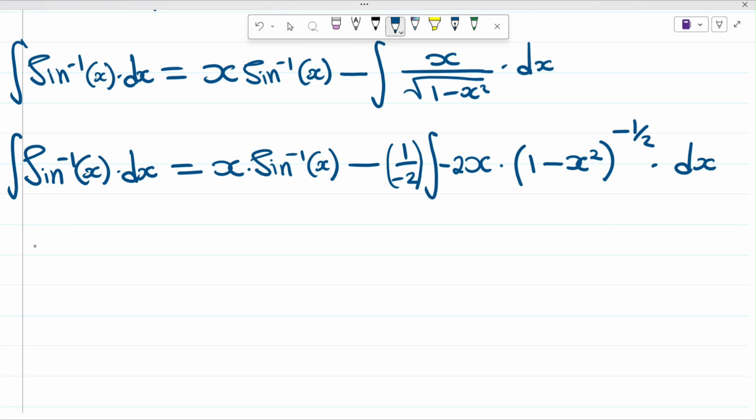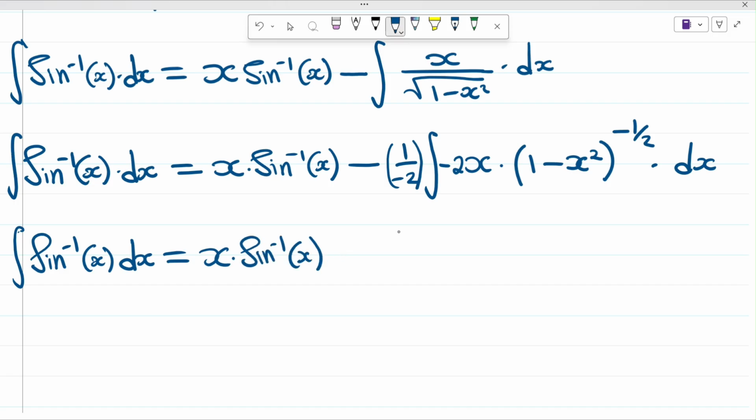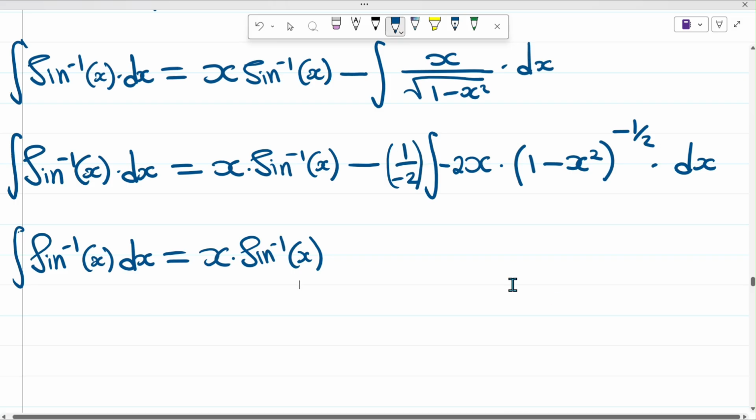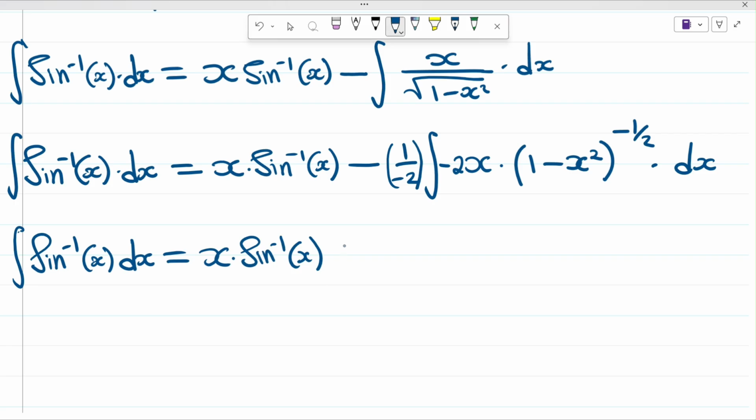So I'm going to copy down everything again. The integral of sine inverse of x dx is equivalent to what? To x sine inverse of x. This negative will multiply this negative 1 over 2, and I'll end up having positive 1 over 2, right?